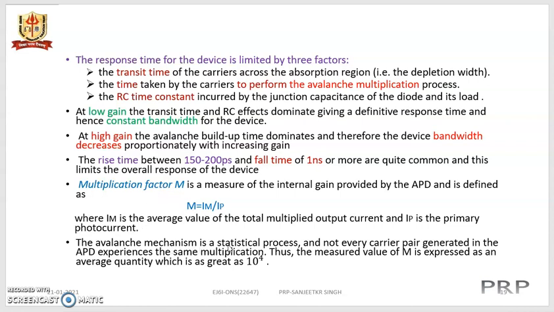The avalanche mechanism is a statistical process and not every carrier pair generated in the APD experiences the same multiplication. Thus, the measured value of M is expressed as an average quantity which can be as great as 10 raised to 4.